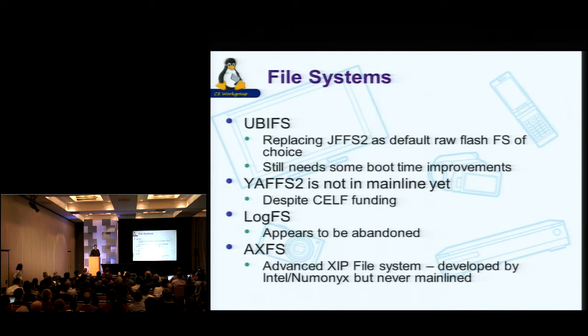So moving on to file systems. UBIFS seems to be the default flash file system for embedded Linux systems on raw NAND flash. Still needs some boot time improvements. YAFFS2 is not in mainline yet, despite some funding by Self. LogFS, someone is using LogFS because I saw this on a mailing list somewhere.